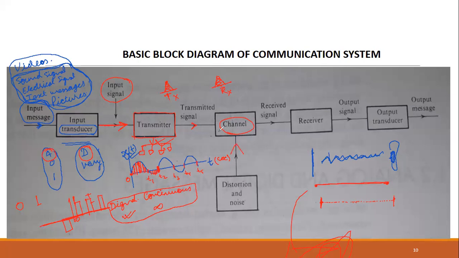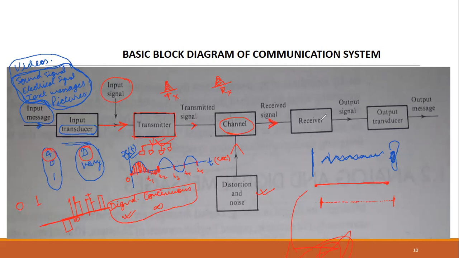Why? Because many other signals are also crossing through that channel, so there may be an interconnection between them, as well as some internal noise. Okay, so you can see that this is the box where the noise is shown, that distortion and noise get introduced in the channel, and the signal reaches the receiver where the signal is received.